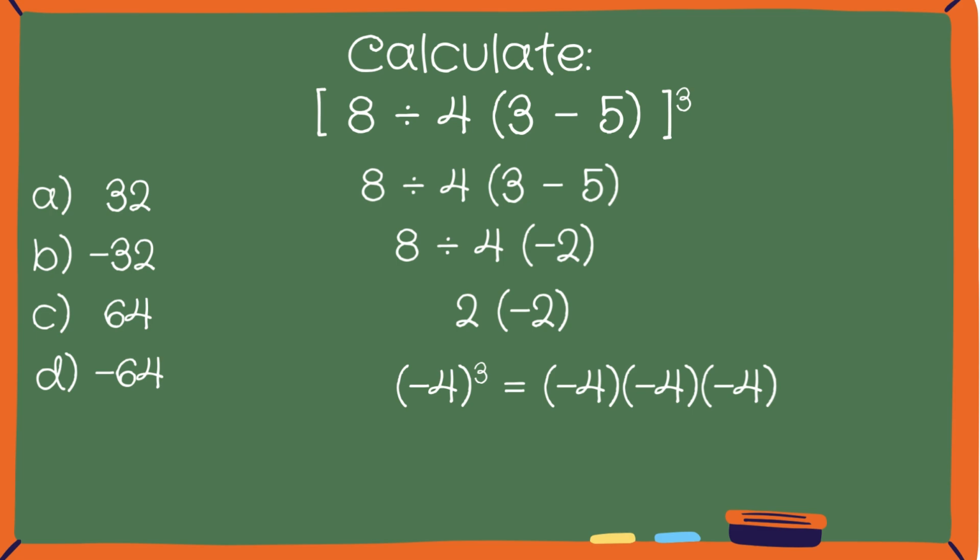If I look at the alternatives, here I have minus 32, and here, minus 64. One of those two will be it. Now I multiply 4 by 4, which is 16. 16 times 4 is 64. So, for this exercise, we will mark option C, which is minus 64.